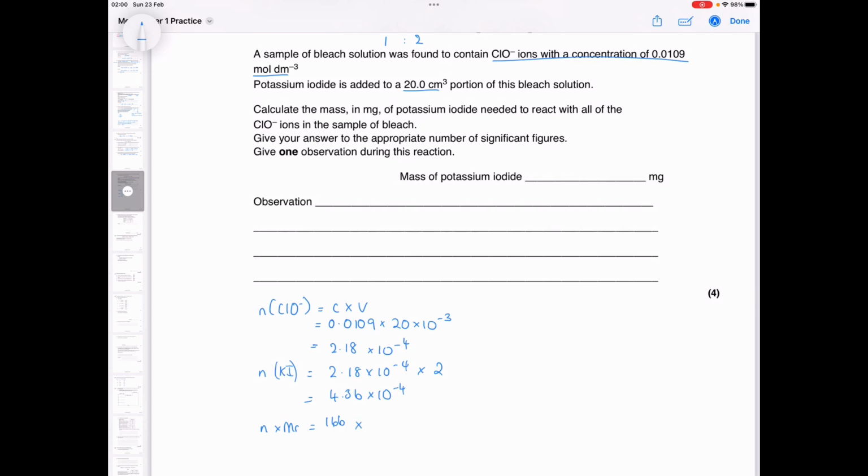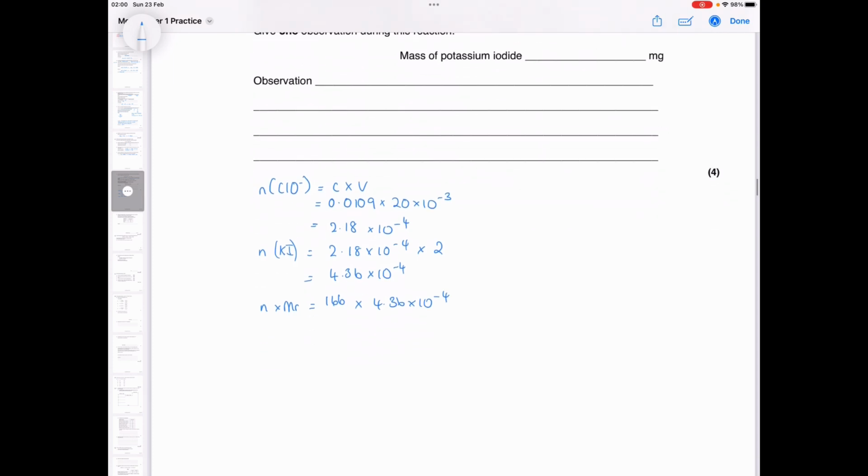And we're going to multiply that by the number of moles, 4.36 times 10 to the minus 4. And that gives us a mass of 0.072376 grams. And then times by 1,000 will give us 72.4 milligrams, which is what we've been asked to give the units. So that is 72.4 milligrams.